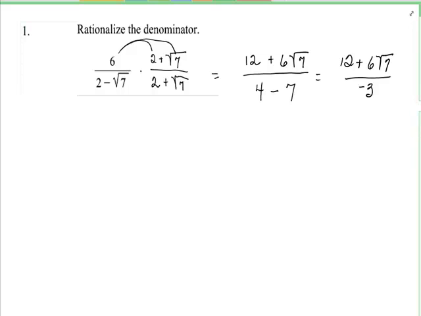You want to look and see if this rational number, and this rational coefficient can be reduced. And you can. You can divide negative 3 into each one of them. That's going to give us negative 4 minus 2 times the square root of 7.